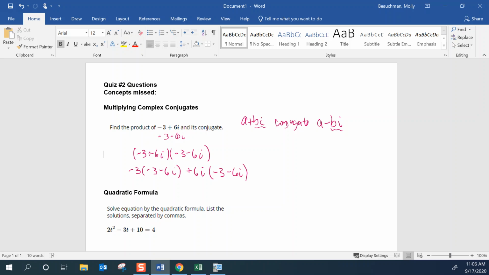When we distribute it, we end up with -3 times -3, which is a positive 9, -3 times -6i, which is a positive 18i, 6i times -3 is a negative 18i, and 6i times -6i is a negative 36i squared.